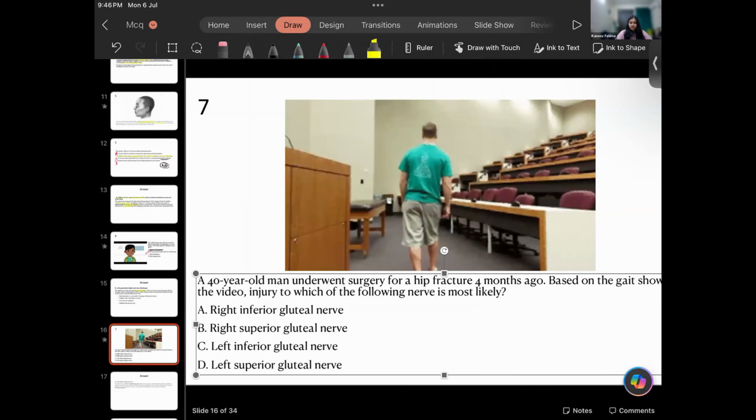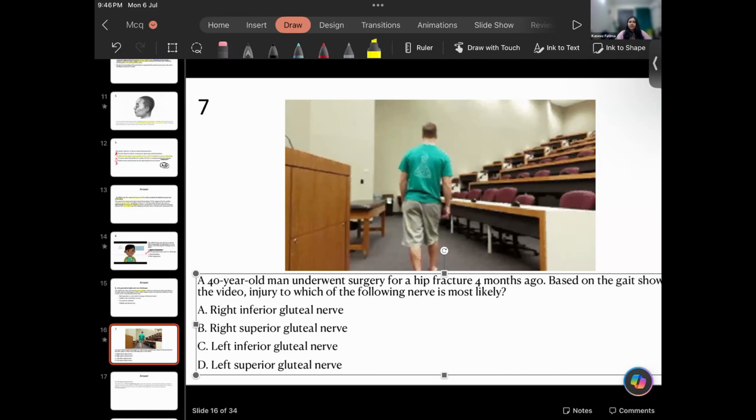Trendelenburg gait occurs when there is a unilateral weakness. Suppose there is weakness on the right side of the body: the right superior gluteal nerve supplies the hip abductors on the right side, that is the gluteus medius and gluteus minimus, which support and prevent the drooping of the pelvis on the opposite side.